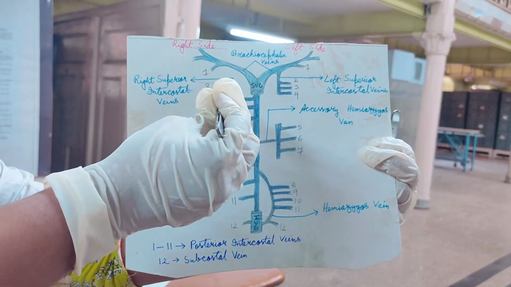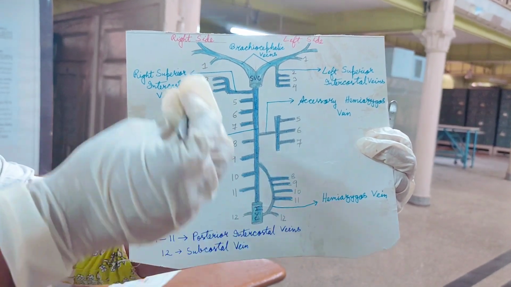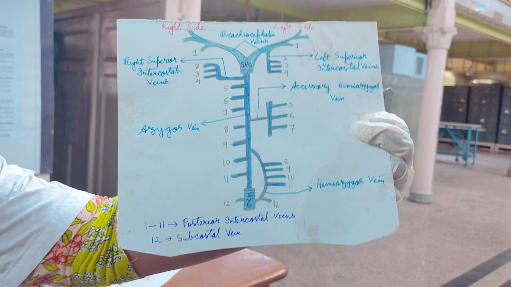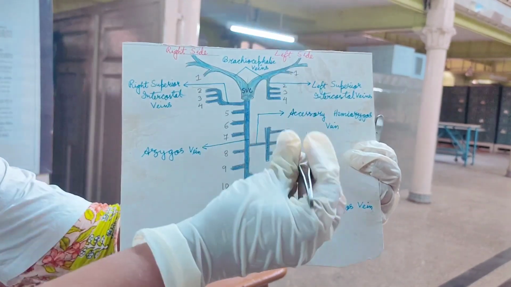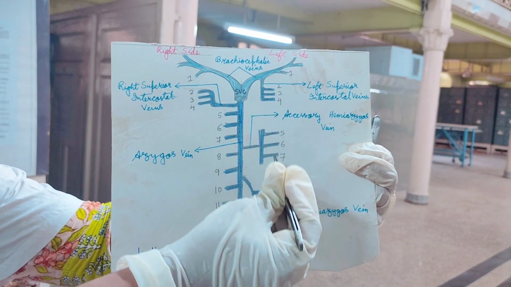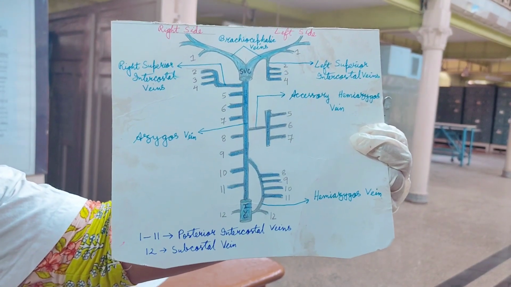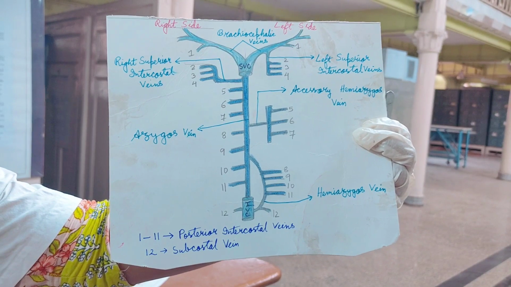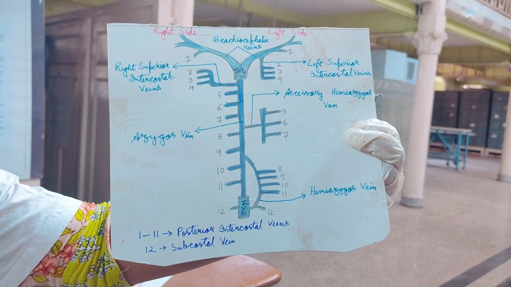On the right side, 5 to 11 drain directly into the azygos vein. But on the left side, 5, 6, 7 drain first into the accessory hemiazygos vein, which drains into the azygos vein at the level of T7.